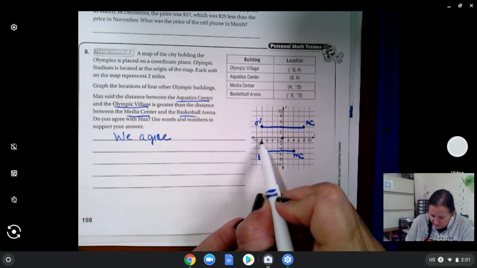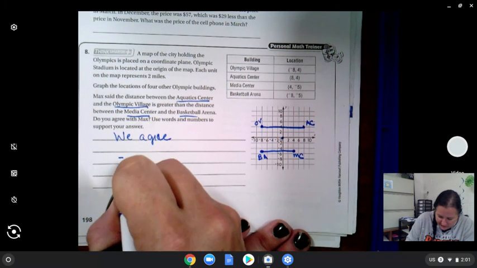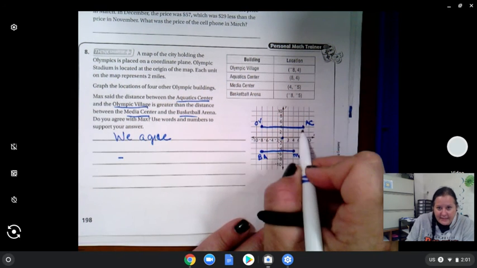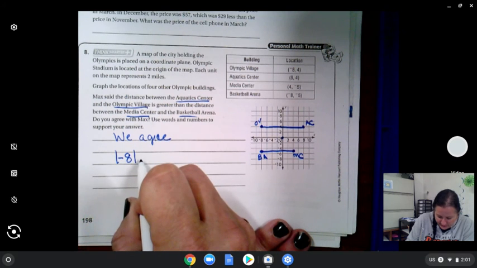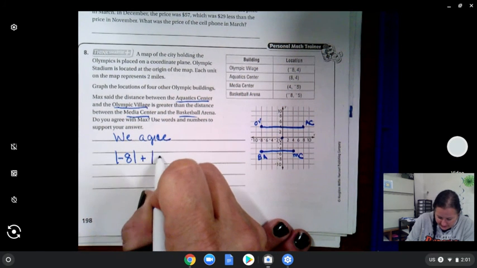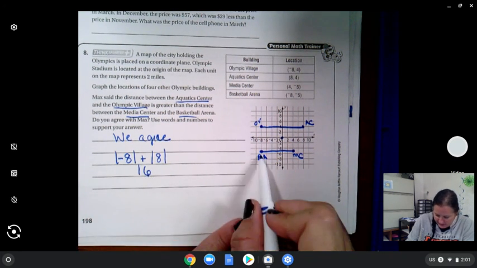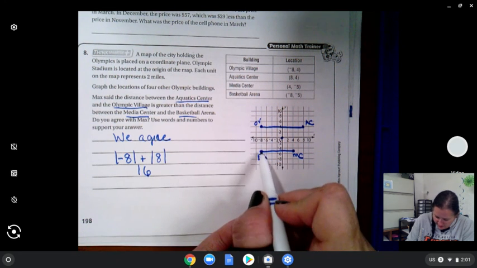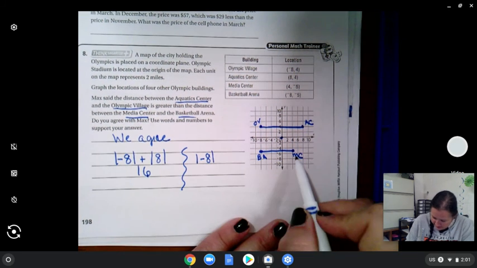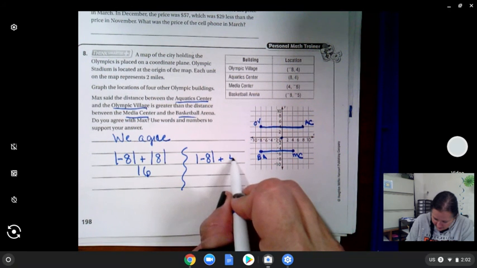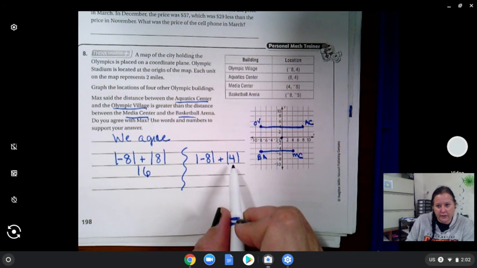So this one, we go from -8 all the way to a +8. So remember, when you're finding the distance and they're on opposite sides of the y-axis, you need to use absolute value, and we're adding those. So 8 + 8 is 16. And then this one, we are going from the absolute value of a -8, and 4 plus the absolute value of 4. 8 plus 4 is 12.